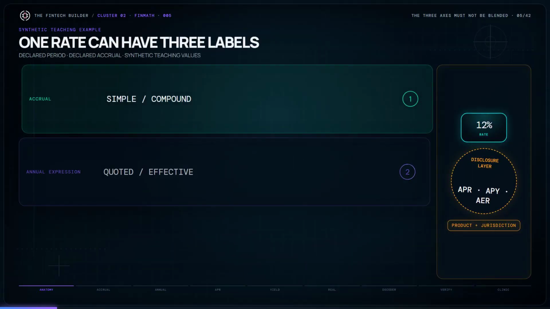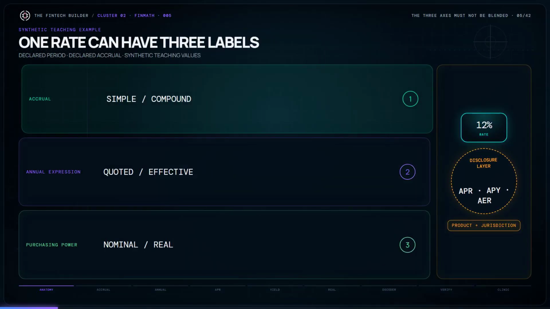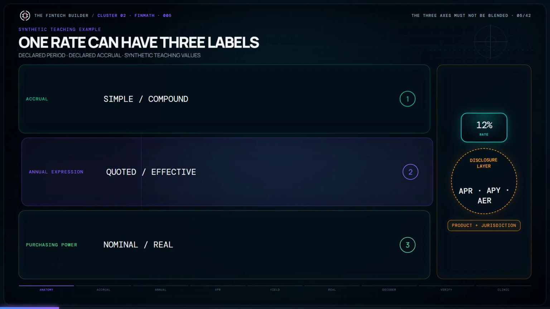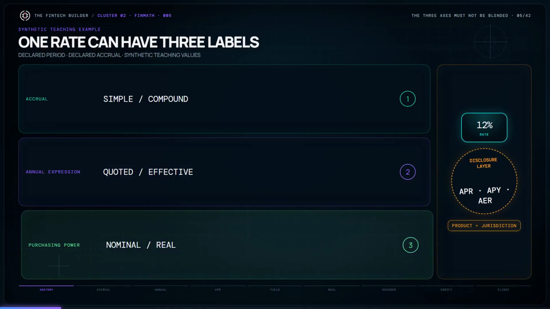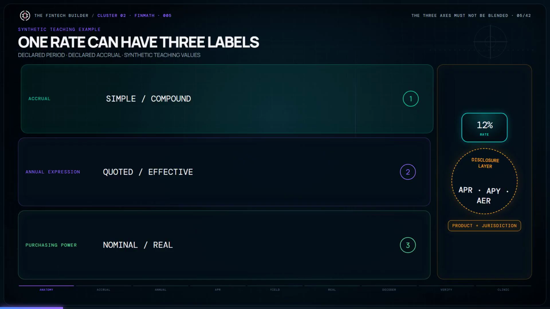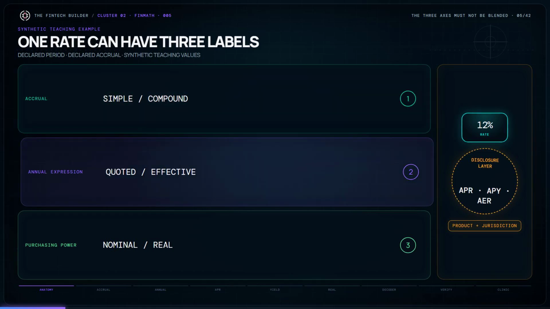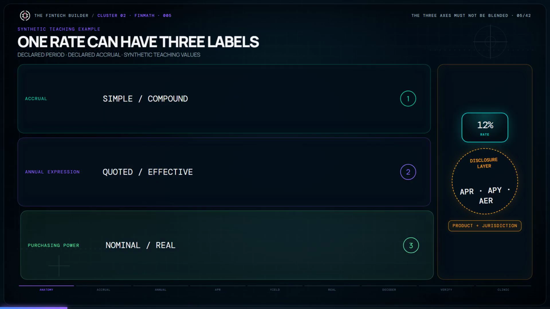These distinctions are independent. Simple versus compound describes the accrual method. Nominal annual versus effective annual describes how a periodic rate is quoted or summarized over 1 year. Nominal money rate versus real rate describes whether inflation has been removed. A rate can be compound, quoted nominally, and still be nominal in the inflation sense, all at the same time.